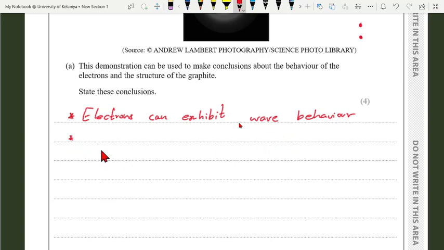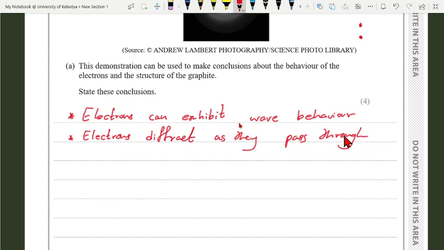Electrons diffract as they pass through the graphite. Here the graphite is acting as a diffraction grating, right? Or either you can write that the thin layer of the graphite is acting as a diffraction grating over here.